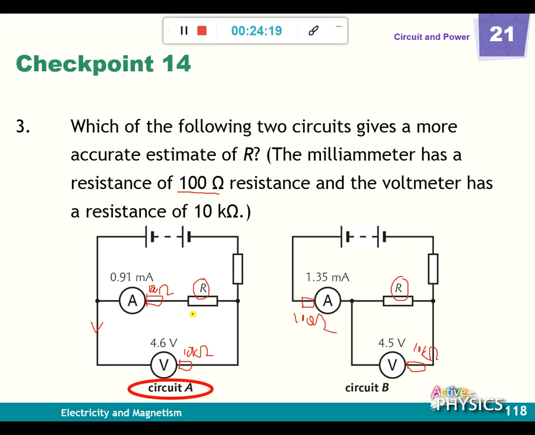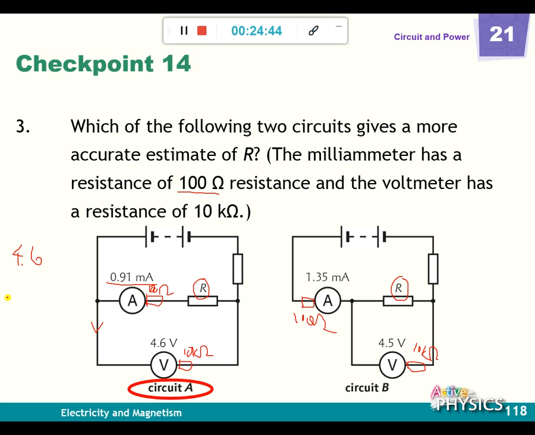Okay, compare with this. Then what should you do? You try to think that because this one has voltage 4.6, you can try to calculate 4.6. Okay, and then how about this 100 ohm?